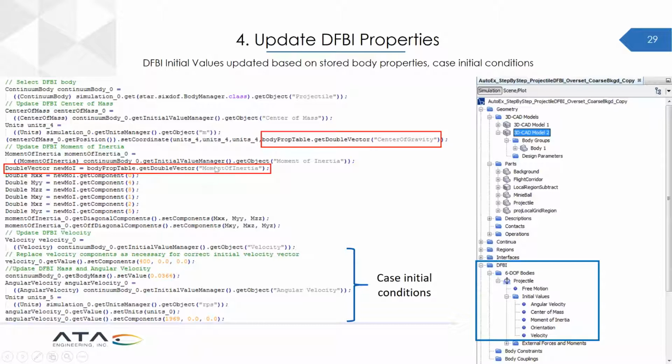Same thing with the moment of inertia. You record yourself updating the moment of inertia values so that you get this moment of inertia get components, set components command. And then you would manually add in this set here, double vector, new MOI, all of those, so that you point at the body prop table that you're storing and get the individual components out, storing, and then programmatically updating them with a variable.